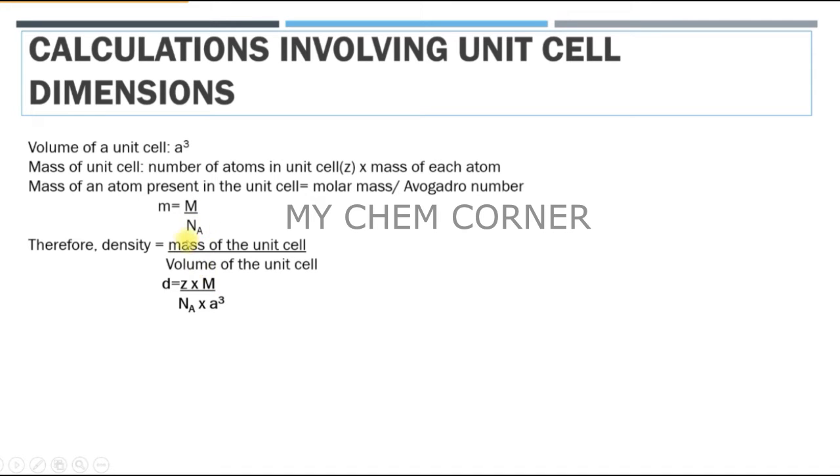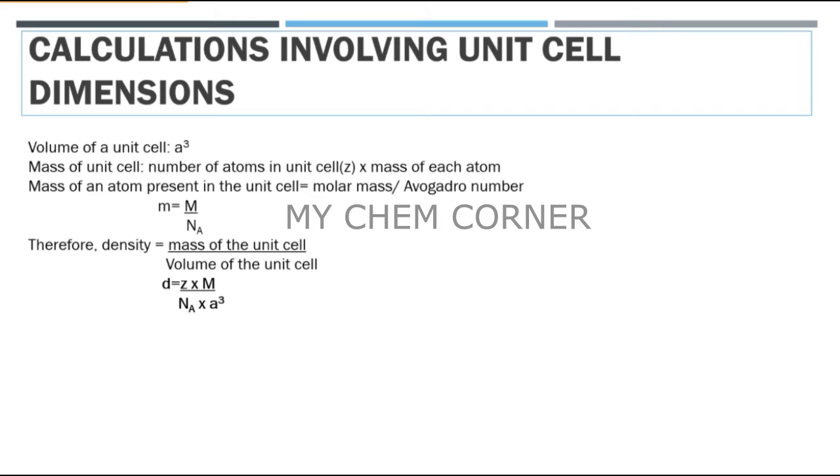So when we substitute the entire thing, density is equal to Z, the number of atoms per unit cell, into molar mass, divided by Avogadro number into the volume of the unit cell, and the denominator is going to be a cube. This is the final formula that we are going to use to calculate the density when we have other values given to us.